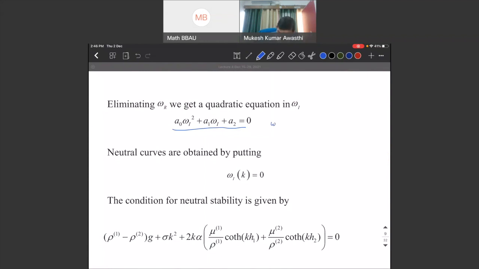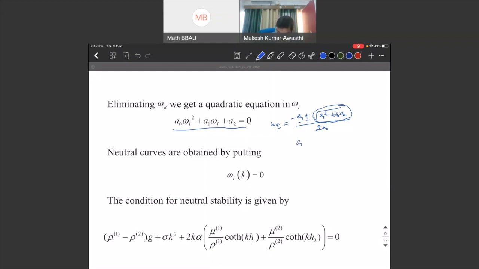So from here, omega I can be written as minus a1 plus minus under root a1 square minus 4 a naught a2 upon 2 a naught. As a naught is positive, omega I will be positive only in the case when this root value is greater than a1 and we take the positive sign.